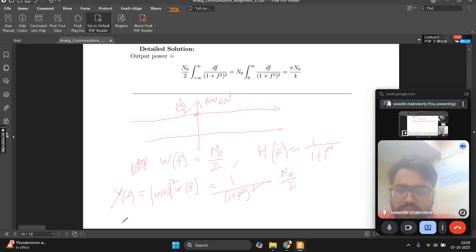Now the power P is the integration of Y(f) df, because Y(f) is the PSD of the output. Just integrate the PSD over the entire bandwidth and you get the noise power. So it is minus infinity to infinity, N0/2 df over (1 + f²)².